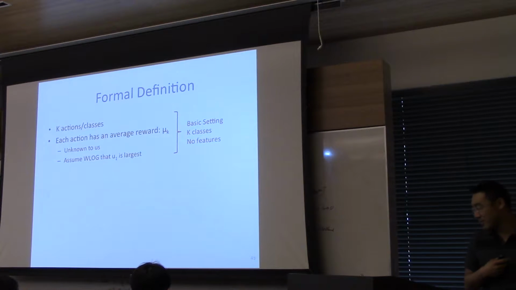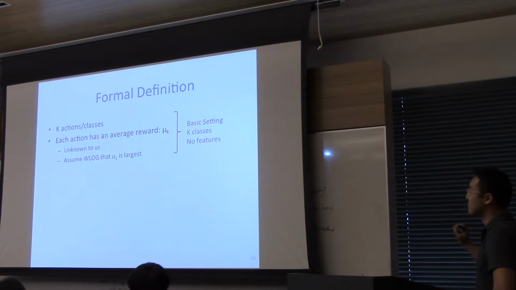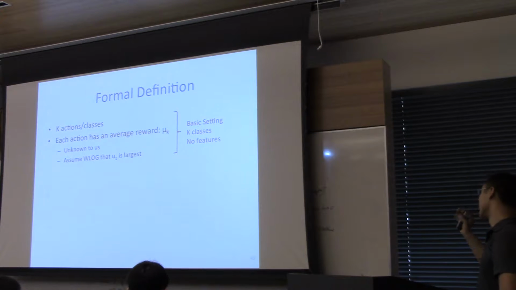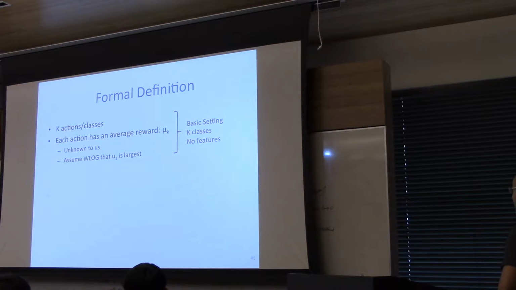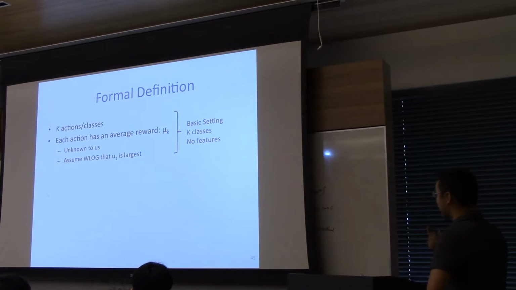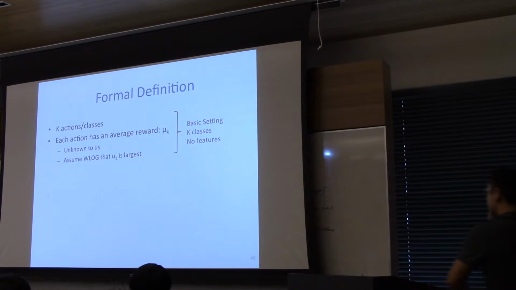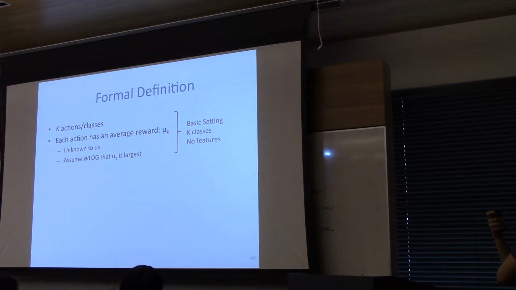So here's the formal definition of the multi-armed bandit problem. This is a very simplified version of how you might think about modeling recommender systems. Suppose there are K actions or classes. For example, you can think of each action as a sports article or a politics article, and so forth. So this is K-class classification, in the feature-free setting.